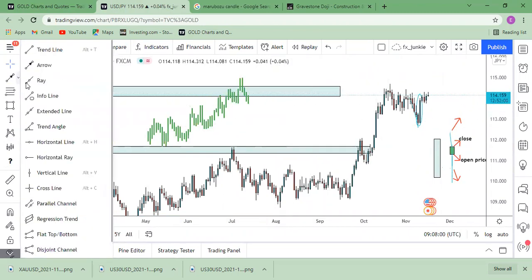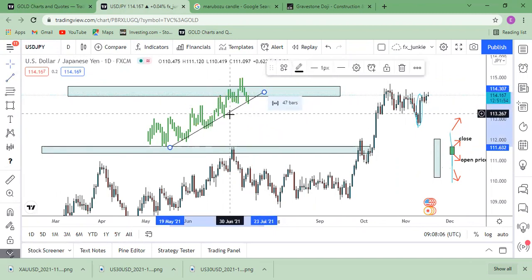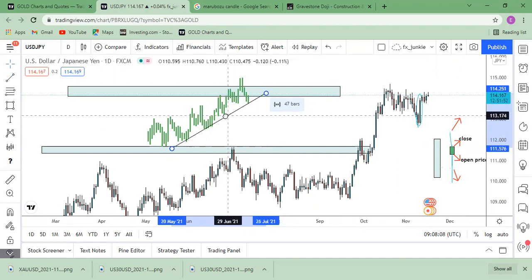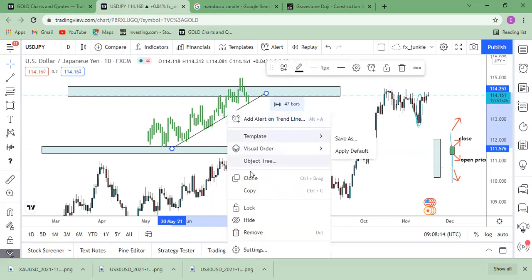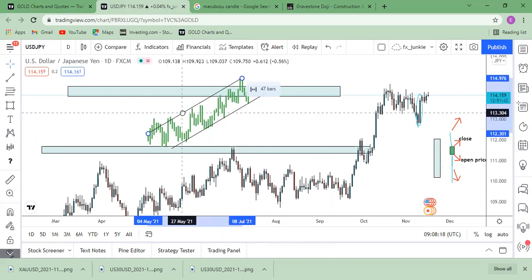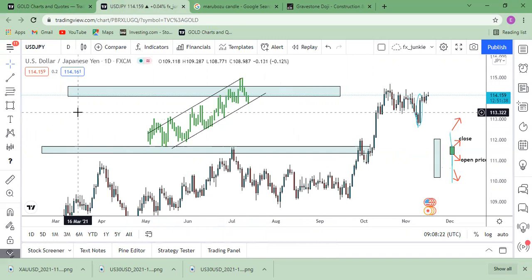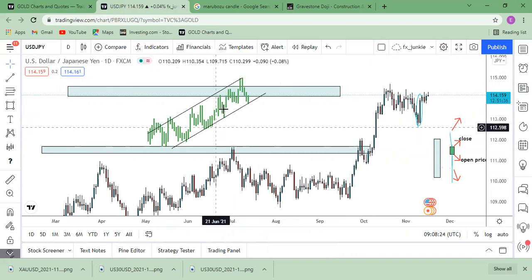What are we looking for? Based on the previous videos, we're looking for a breakout below the line. Because now we're trading what? Trends in trends. In the previous videos, we explained that the market is moving sideways, but with an ascending channel inside a sideways market. That's what we call a reversal market.